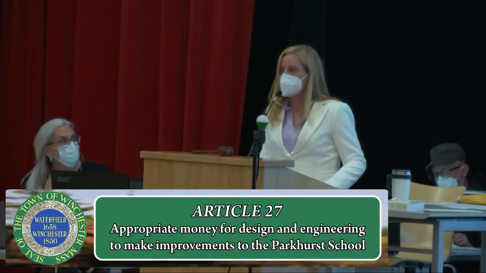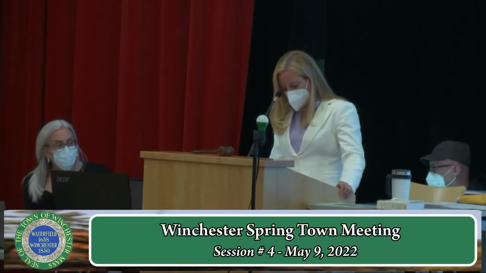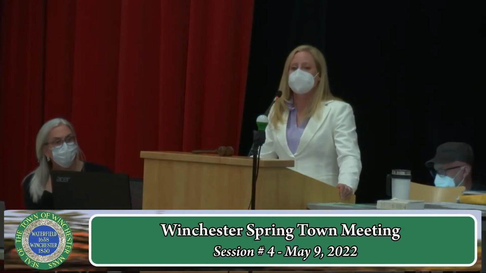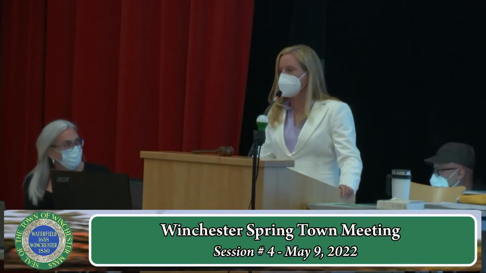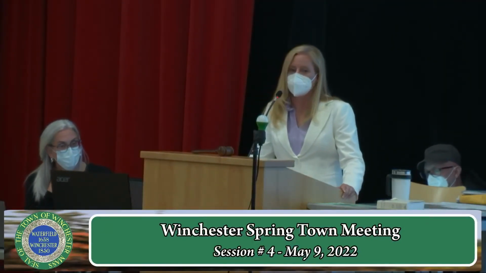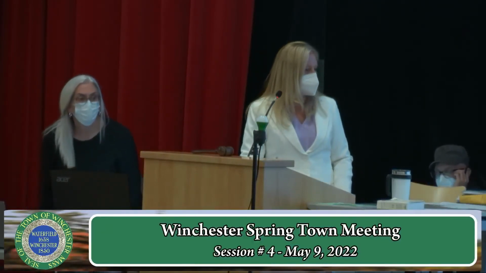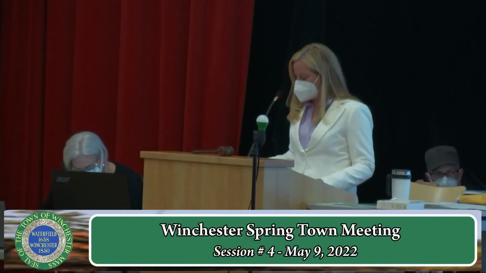I have asked the Educational Facilities Planning and Building Committee to give you a one-liner on what Article 27 does, in lieu of how you voted on Article 26. The representative, Mr. Nixon. Thank you, Madam Moderator. Just to clarify, since 26 has failed, we still do need 27 to make provisions for the kids in terms of temporary swing space.